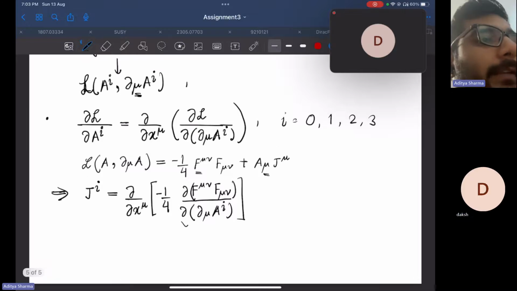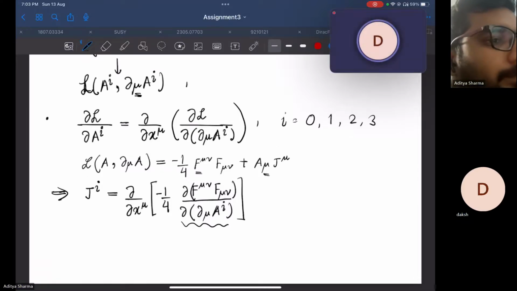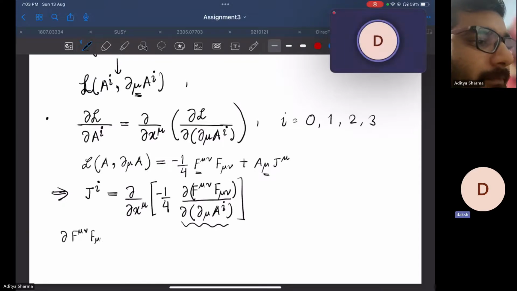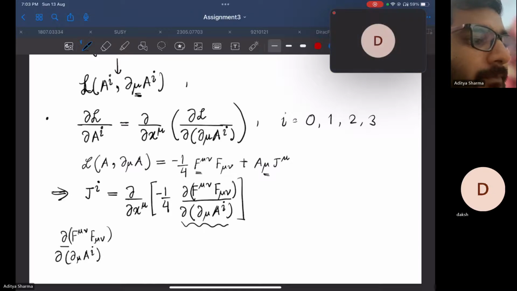Now we'll just look at this term, and we'll apply the chain rule, okay?